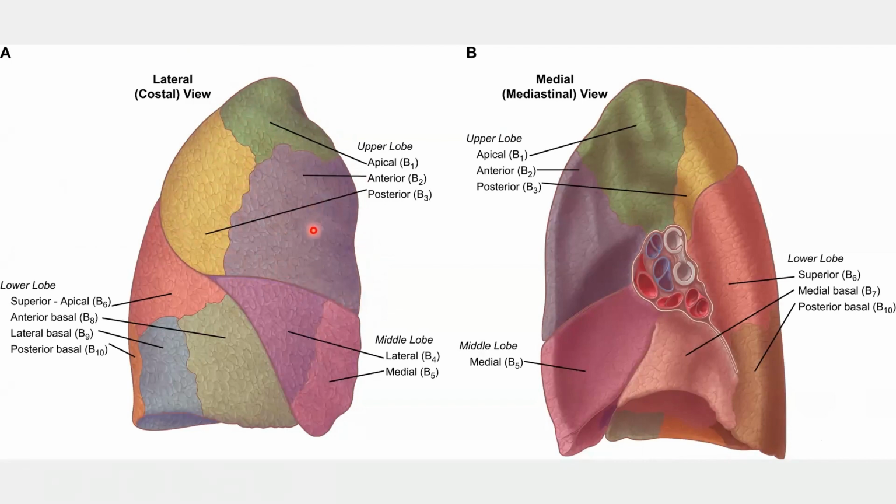Each of these has one segmental bronchus supplying it, one pulmonary artery branch, and the veins travel in between these lines, between the segments. So if there is a disease of one segment, it can be safely removed without damaging the other segments.